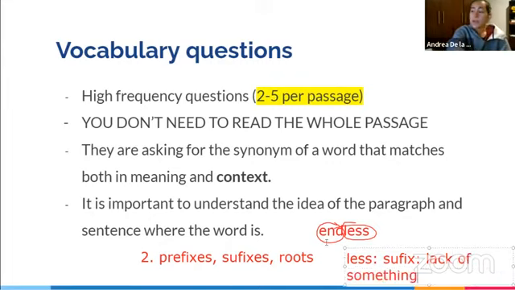So endless is lack of end, which means infinite. That's how you will learn many words without actually studying the words on their own. You will learn some suffixes, some prefixes, and some common word groups so that you can expand your vocabulary quickly.